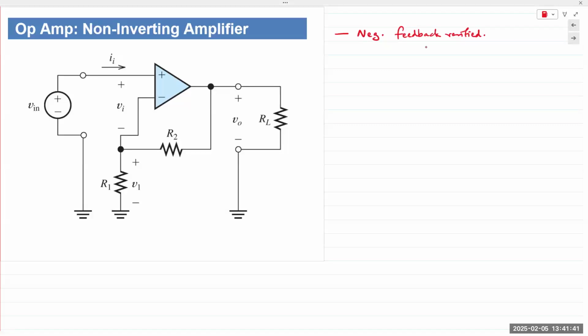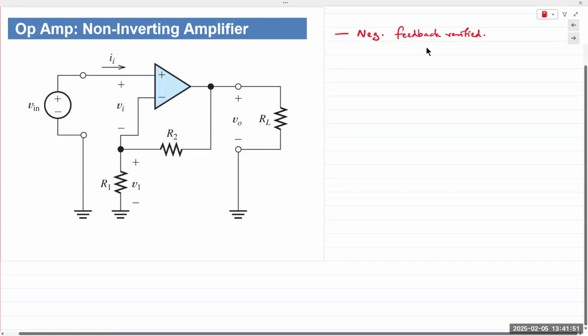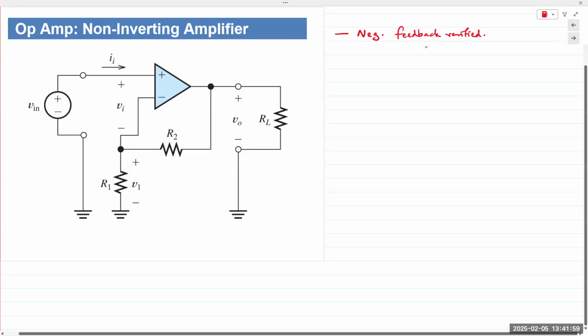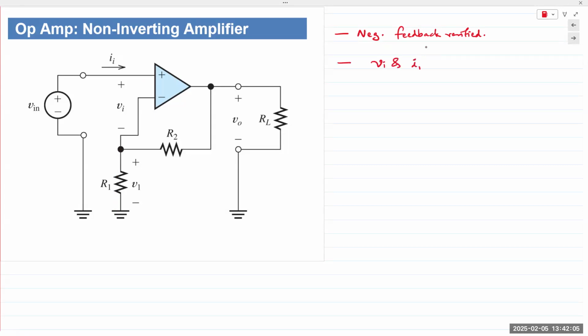So VI, the difference between the two, can be assumed 0 because we're also connecting the negative terminal towards ground, right? II is here. And we can assume that VI and II are forced to go to 0.